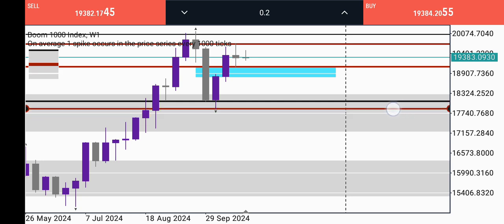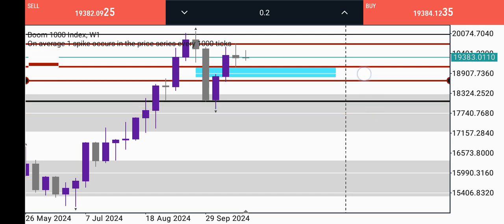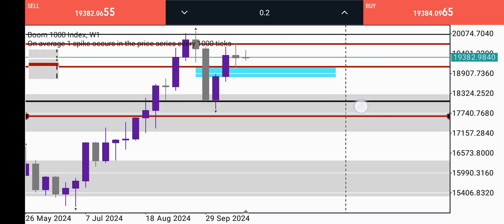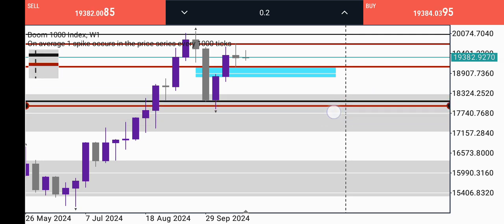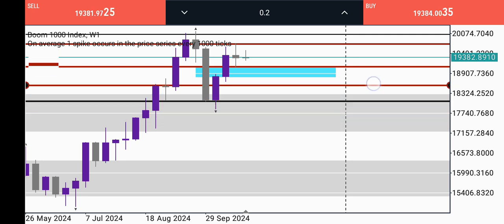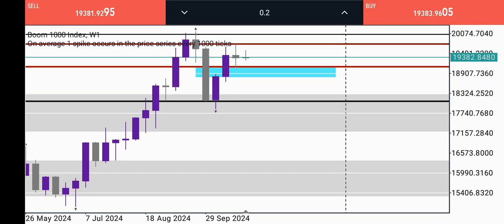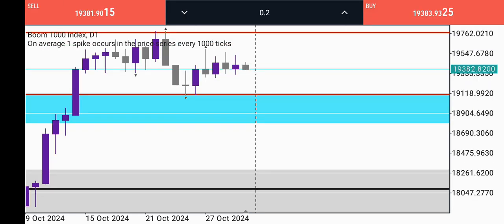Look at this low. Until this low is taken, that's when this whole monthly bias is counted. So let's go to the daily and see what the daily is doing.